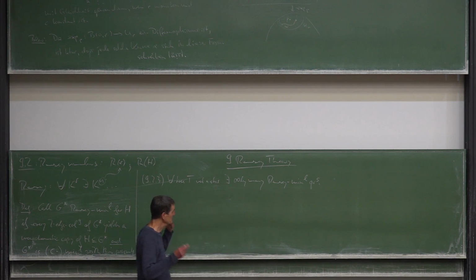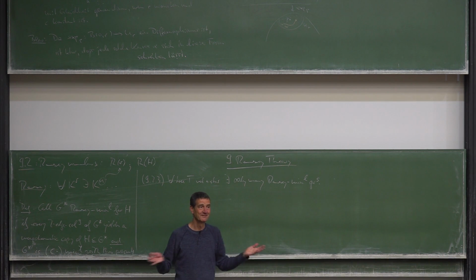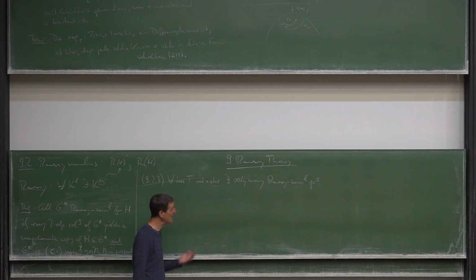So for want of any sort of obvious idea of how to go about it, let's just look at any properties we might glean from the unknown G star.